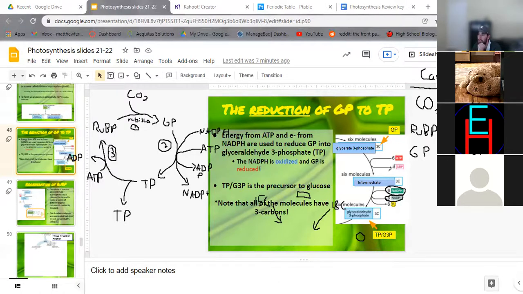Additionally, each redox reaction in this case is going to require a phosphate group. And so if I have 6 GPs that are getting reduced, so I have 6 NADPHs, how many ATPs do I need? 6.